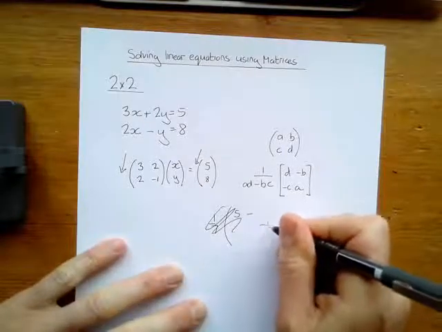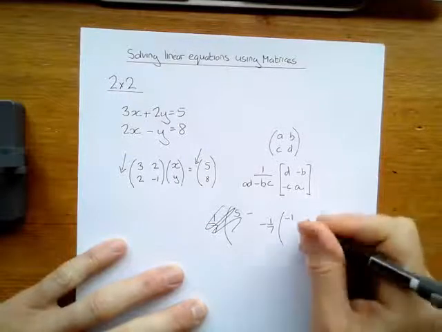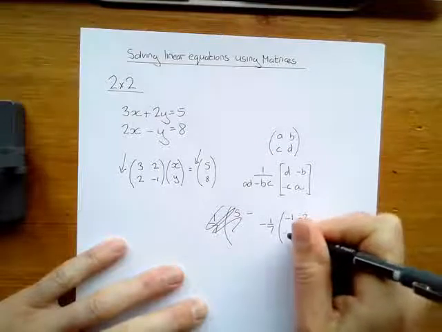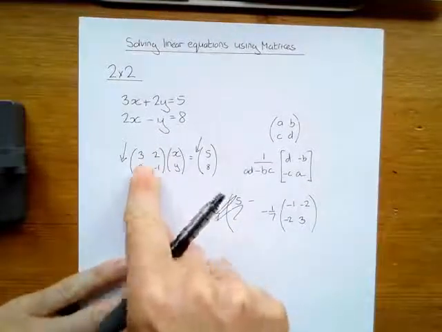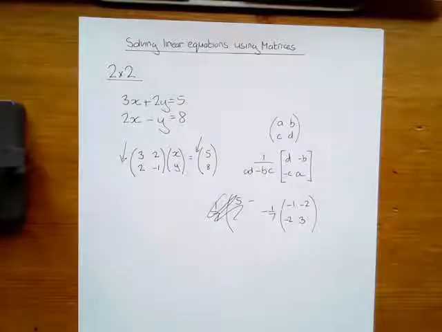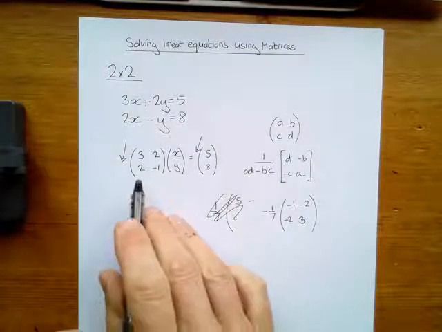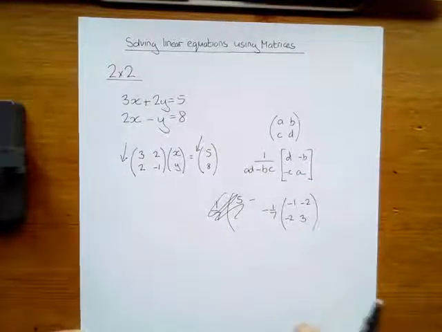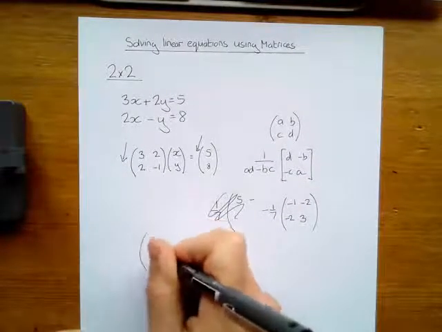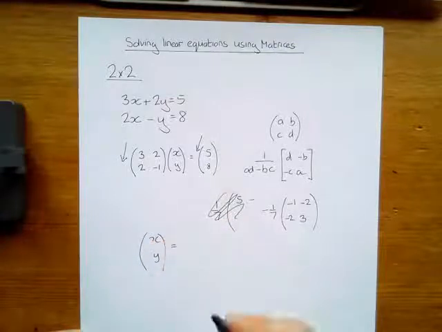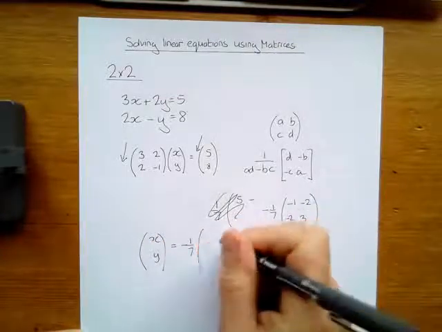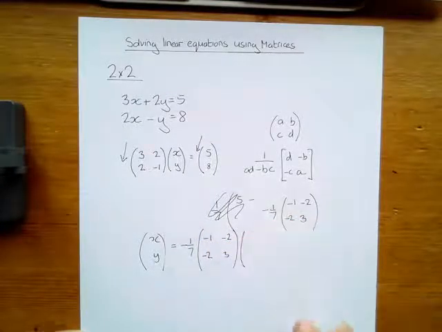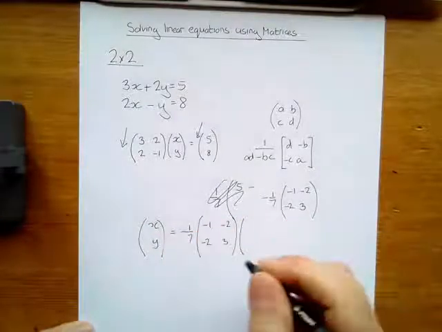It's minus 1/7 of minus 1, minus 2, minus 2, 3. Okay, it's just that applied to that. So anyway, if I now multiply each of these things in front by that matrix, the left-hand side will turn into xy, and the right-hand side will turn into minus 1/7 of minus 1, minus 2, minus 2, 3, multiplied by 5, 8.